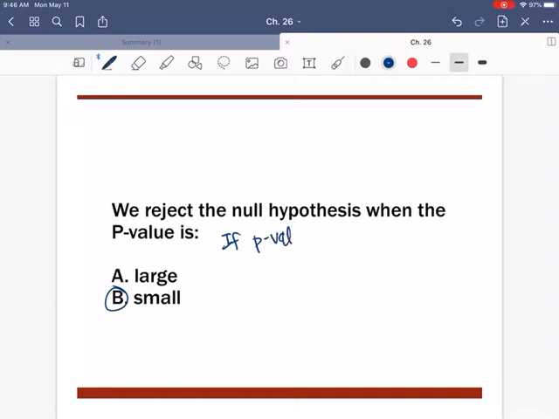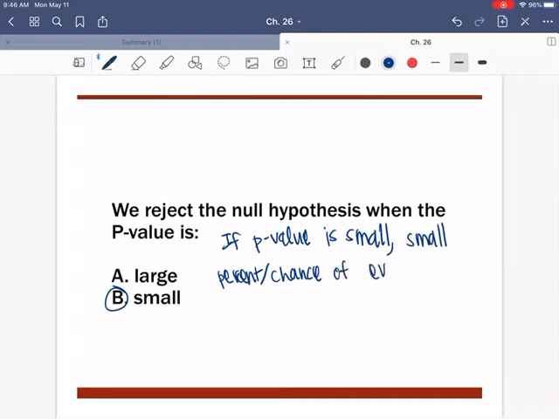We reject the null hypothesis when the p-value is small. What that's saying is if the p-value is small, it means it's a small percent, which means small chance of the event happening.